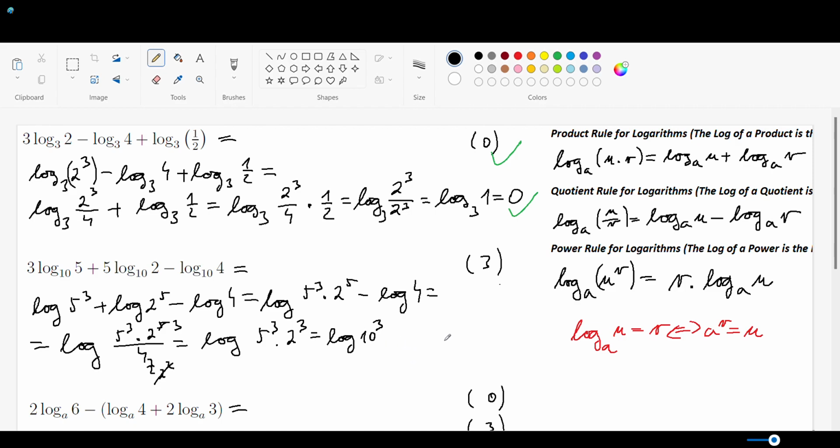And as we again apply the definition of the logarithm, which says 10 to which power is equal to 10 to the power of 3.